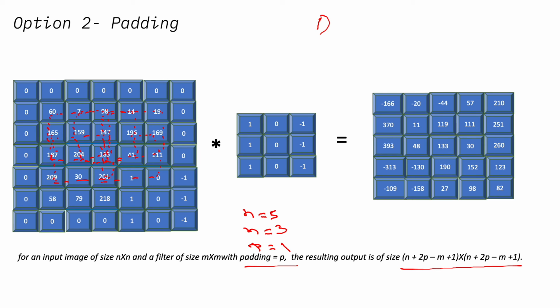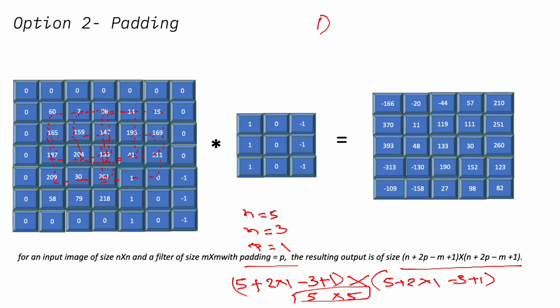So your formula would be (5 plus 2 times p) minus 3 plus 1 times (5 plus 2 times 1) minus 3 plus 1, which is 5 plus 2, that's 7, minus 3, that's 4, plus 1, that's 5. So 5 times 5. That's the size of your feature map that you see over here.